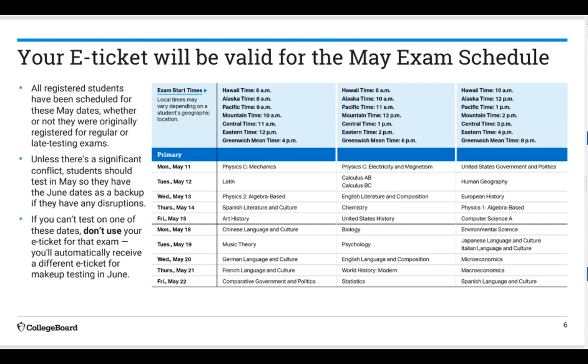You will automatically receive an e-ticket for your makeup test in June if you don't use the May ticket. If you use the May ticket, they're not going to give you another ticket.